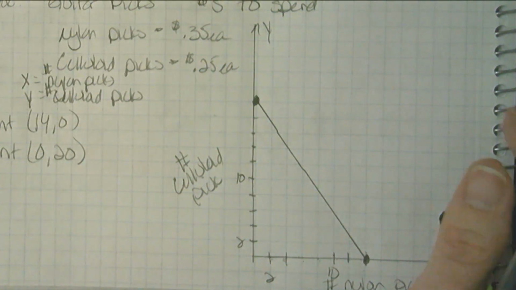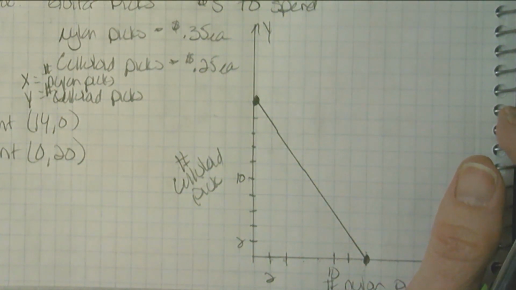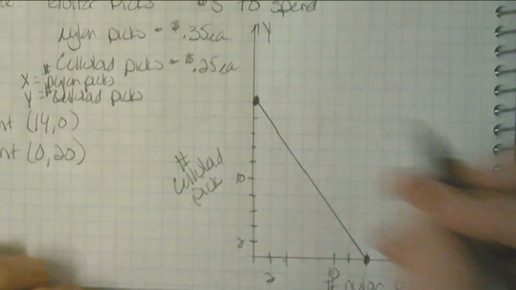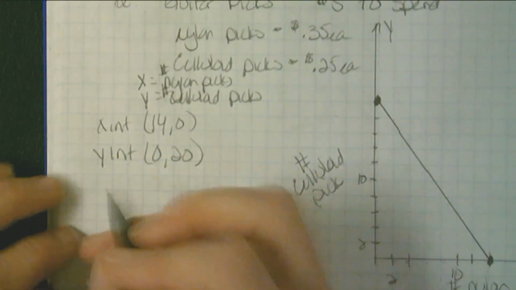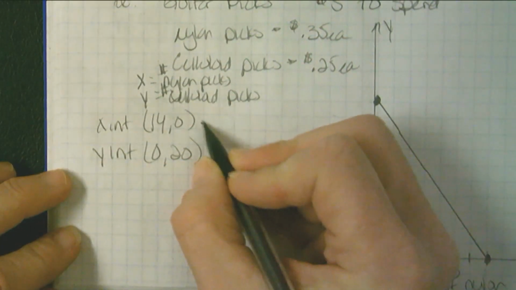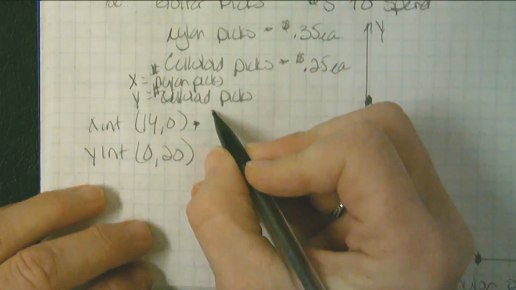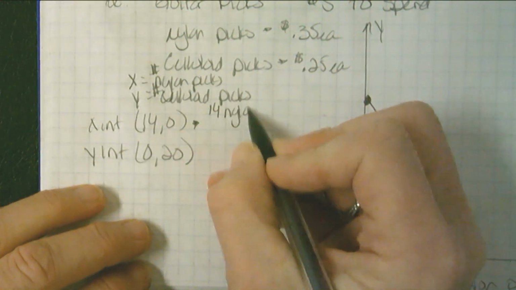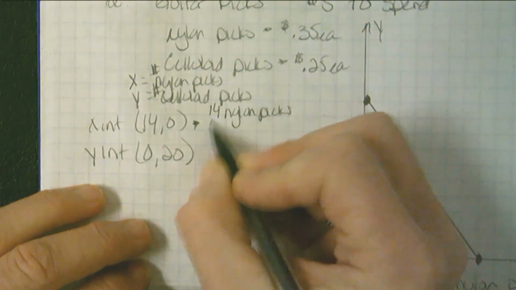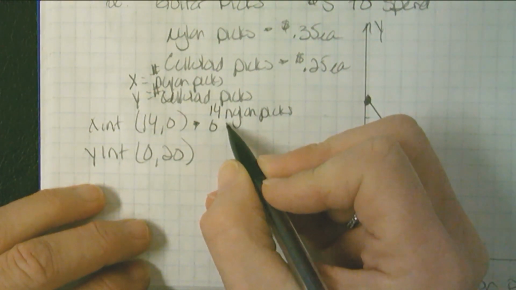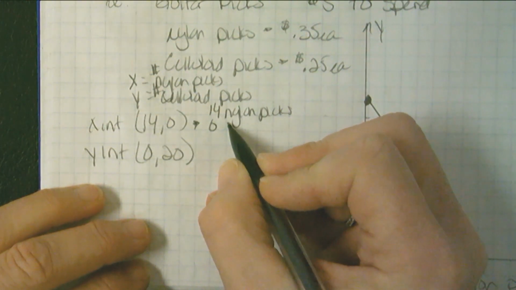And it said, write an equation, explain the intercepts. All right, so for my x-intercept, what does my x-intercept mean, Giselle? Yep. 14 nylon picks, 0 celluloid.